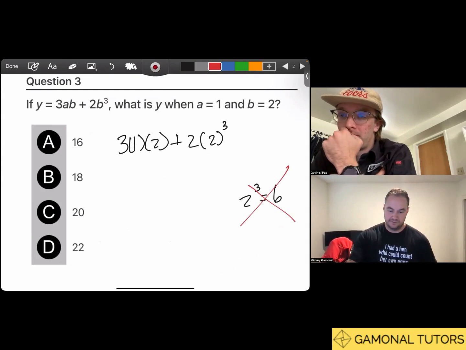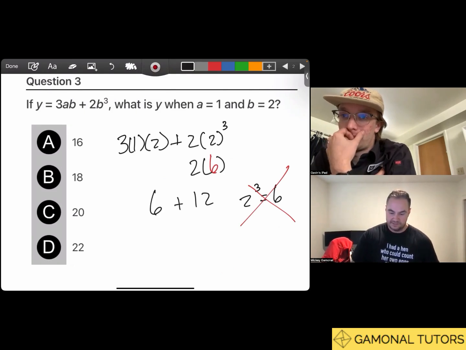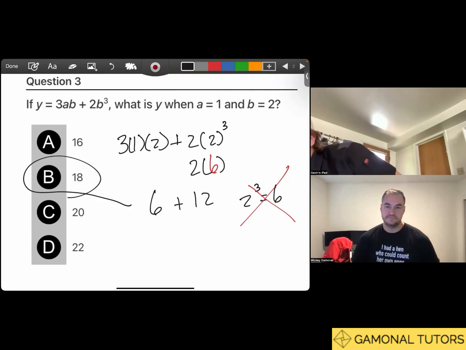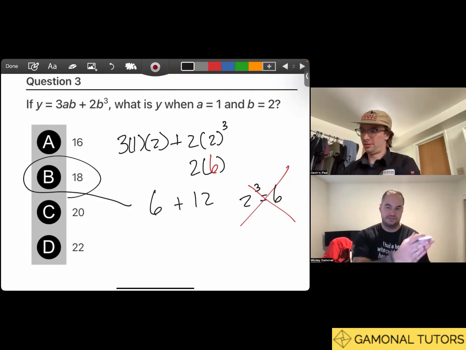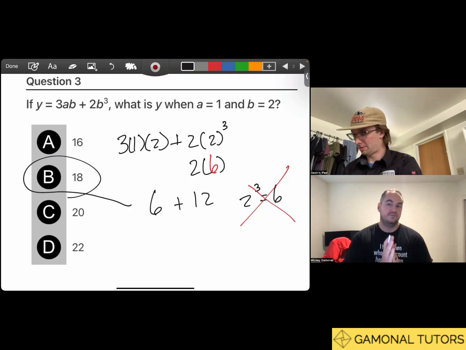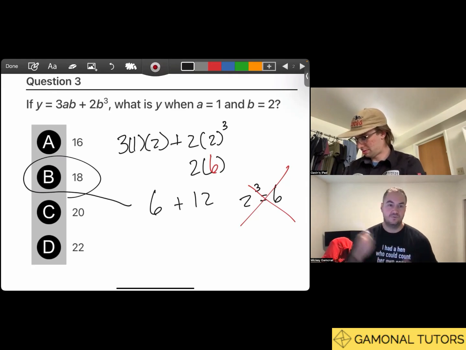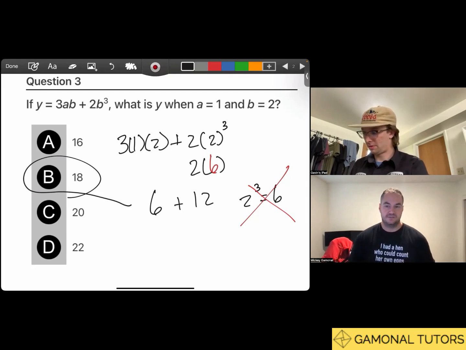If you do it wrong, with 2 to the third being 6, which is incorrect, you get 12 plus 6, which is 18. They want you to make a mistake so that you pick that wrong answer. When you're really good at this test, when you're ready to crush it, you're going to know the mistakes that they're trying to get you on, and so you can avoid those.